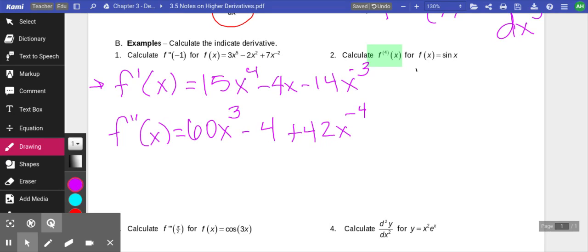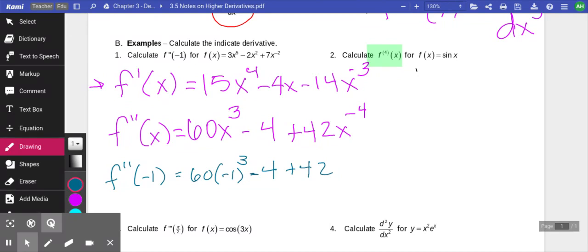Now I have found the second derivative, and I'm going to evaluate at -1. f double prime of -1 means substituting -1 in every place there's an x.